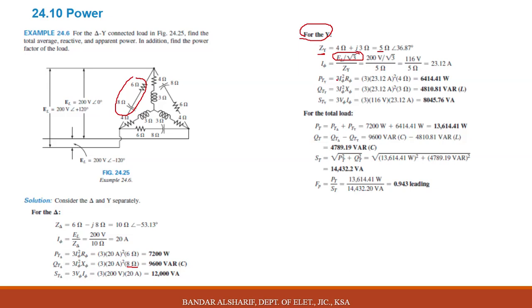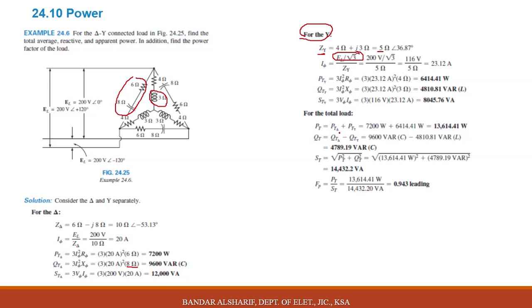Now we can multiply 3 I squared by R: 3 by 23 squared, multiply by 4, around 6,400. Reactive power similar, but multiply by 3 since the inductors are 3 ohm, and the apparent power 3 by V phase I phase, you will get the answer.